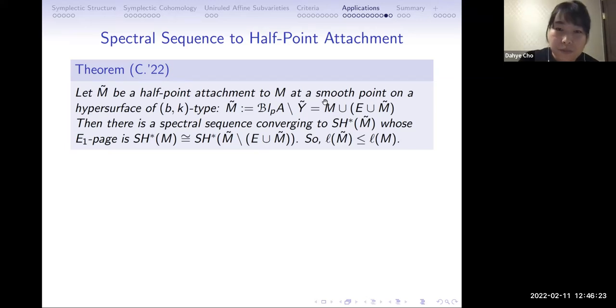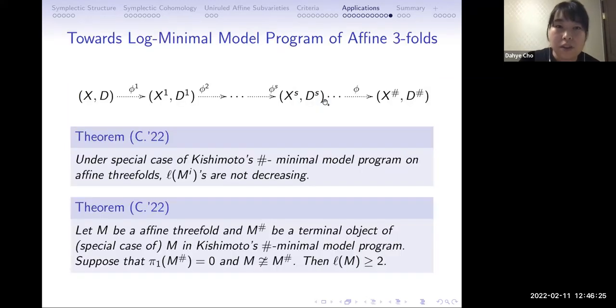Why this is important is that Kishimoto has a log minimal model program of affine threefolds consisting of a sequence of flops and divisorial contractions, but the flopping locus happens at infinity.